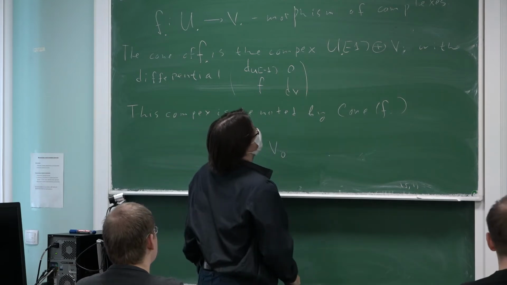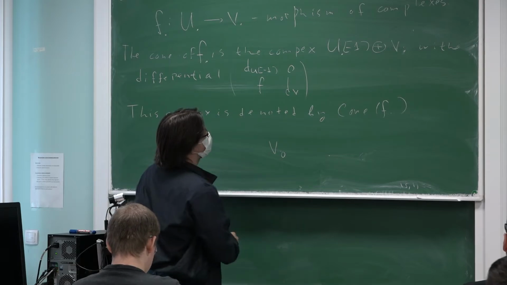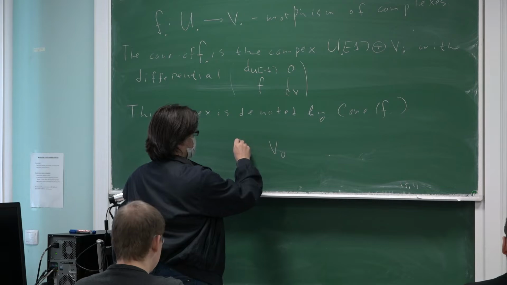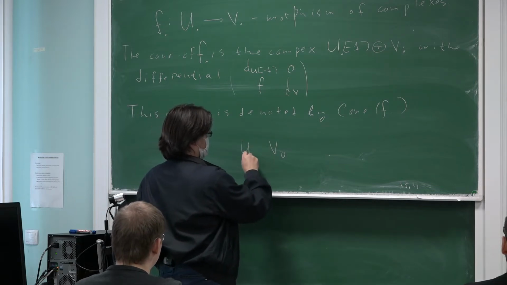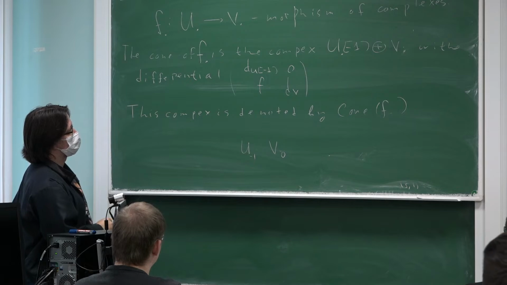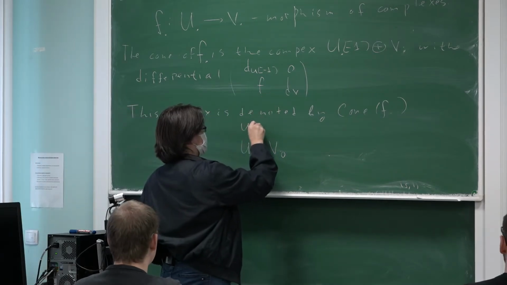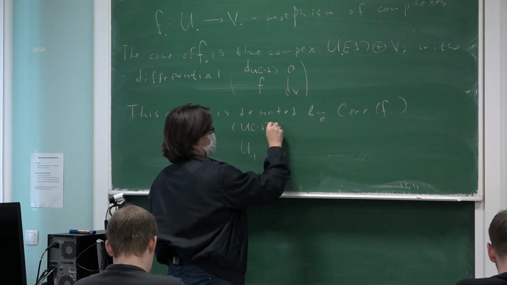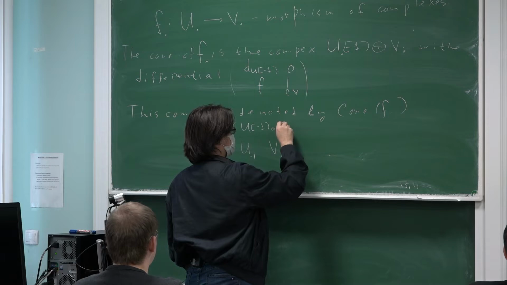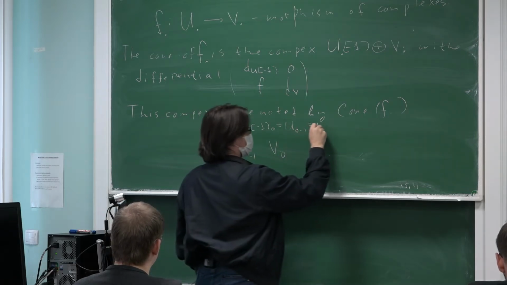So u shifted by -1 means that in degree 0 you have u shifted by -1, 0, which is by definition u0 -1.